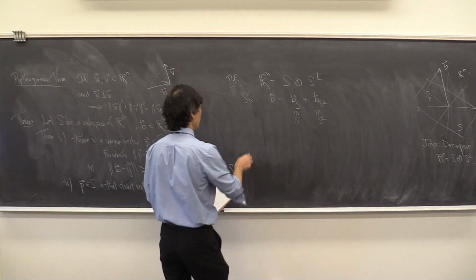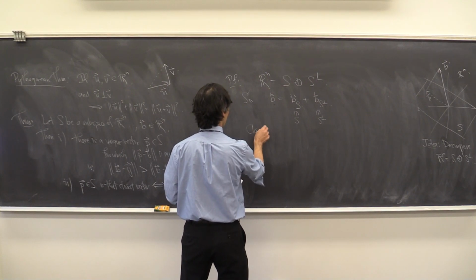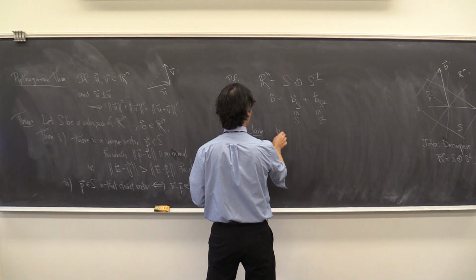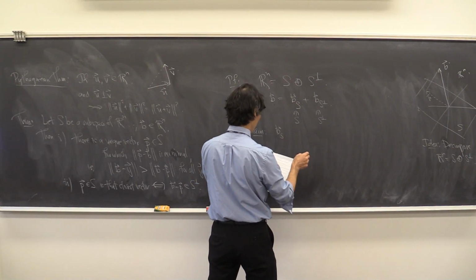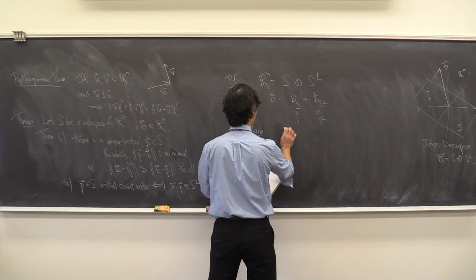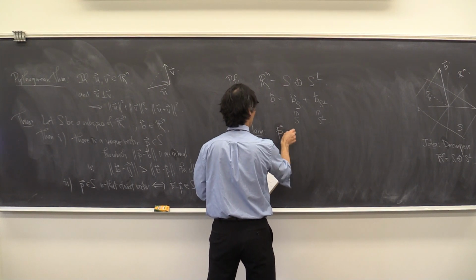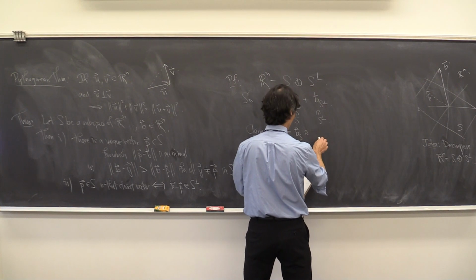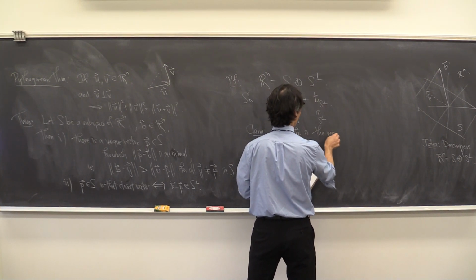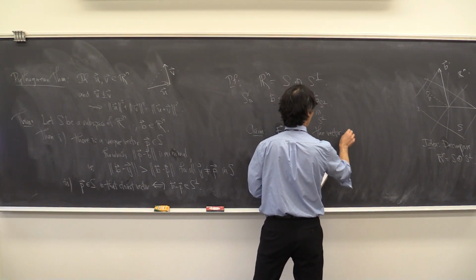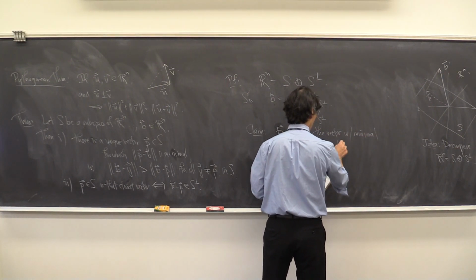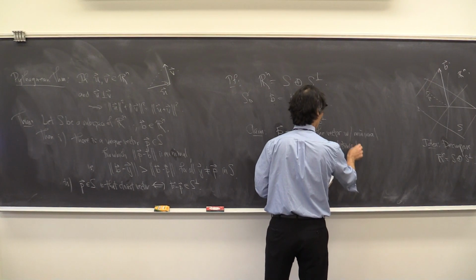Okay, and then we claim that B sub S is the P that we're looking for. So P being B sub S is the vector with minimal distance to B.